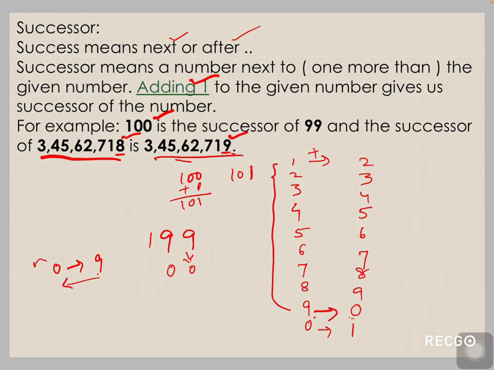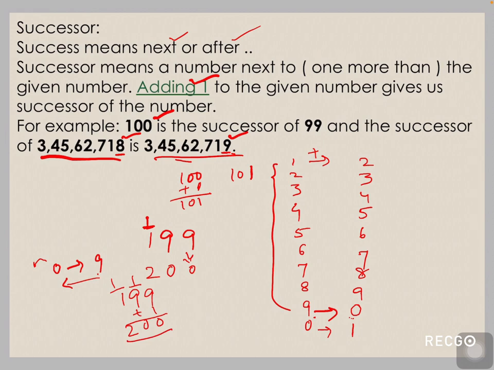Similarly, wherever 9s are there, you will write 0s and carry forward 1 to the neighboring one. So it will be 2. If you want to examine it, just see. 199. If I add 1 to this, 9 plus 1, 10. 1 carry forward, 9 plus 1, 10. 1 carry forward, so 1 plus 1, 2. Clear? Let's take one more bigger example.